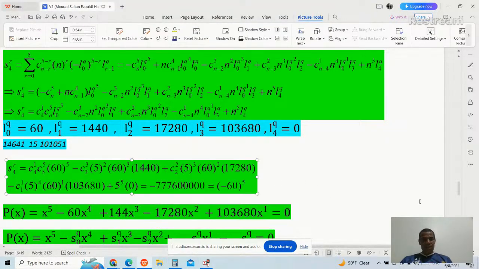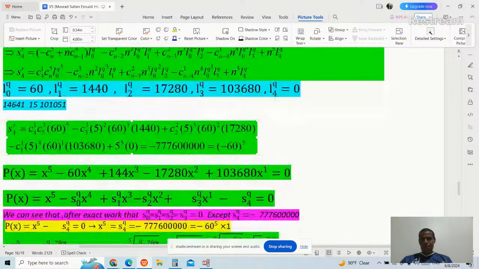Now, continuing, learners, I got the value of S0, S1, S2, S3, and S4, except S4 is different to 0. Therefore, my new polynomial to the power 5, this one that I had, had been extended to a polynomial to the power 5.